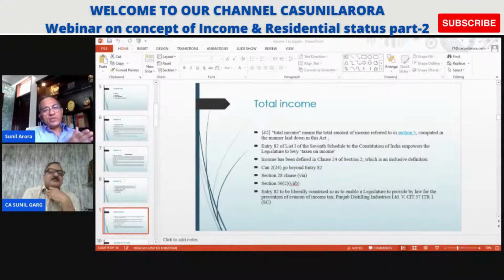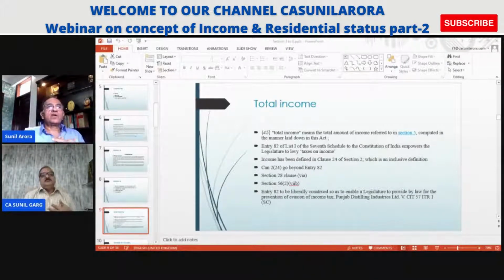Now let me take you to section 45(2) also. Section 45(2) provides that if a capital asset is converted into stock in trade, then there is a mechanism for levying tax.